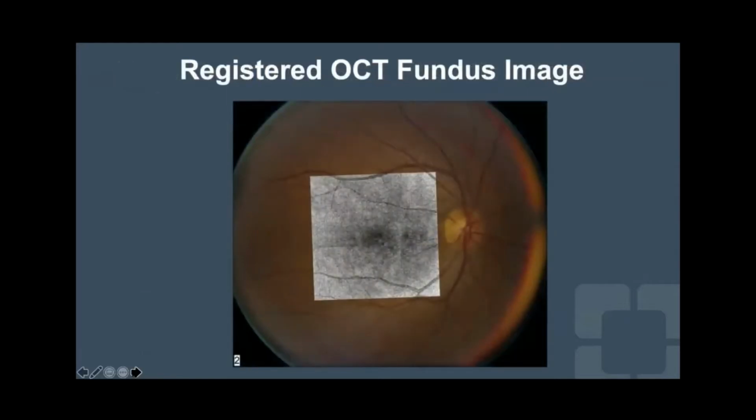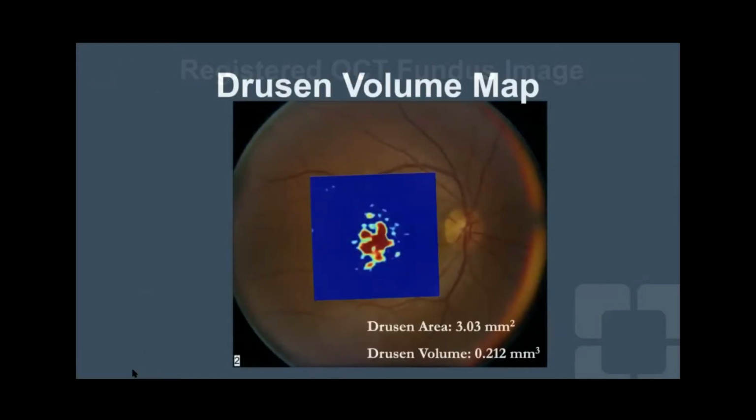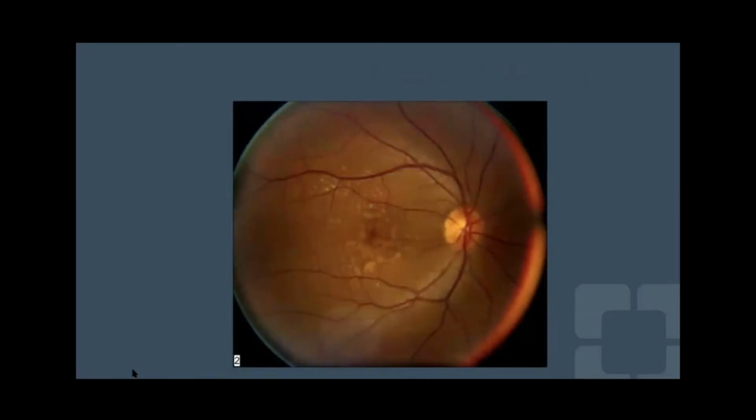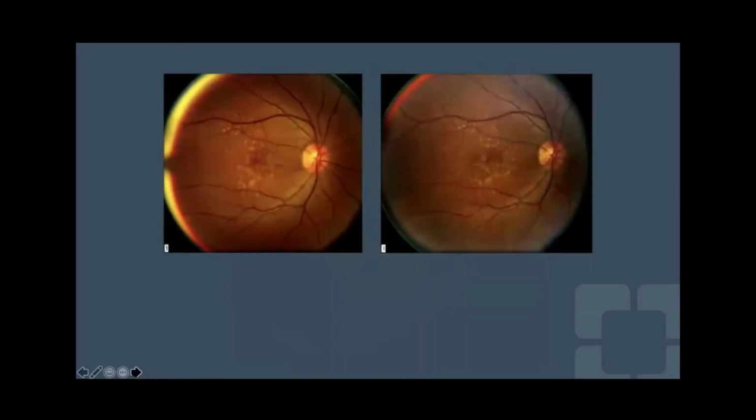And you can look at the OCT map, which is the IR image, and then get a drusen area and drusen volume from your current OCT devices through the advanced RPE elevation software that's embedded within each of our Cirrus devices. Now, using this, we can look at the quantification of this value over time.